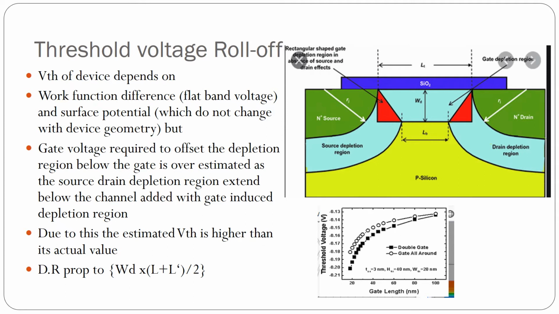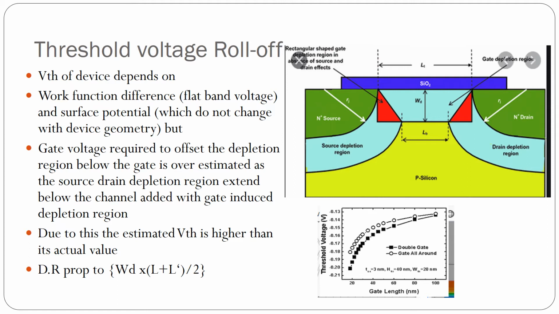So the actual depletion region is smaller as compared to what is considered. Because of the gate source potential the depletion region is trapezoidal, but the whole rectangle including both the red areas is considered. As a result, the theoretical estimation gives a higher value of the threshold, but the actual device operates at a lower value of the threshold.